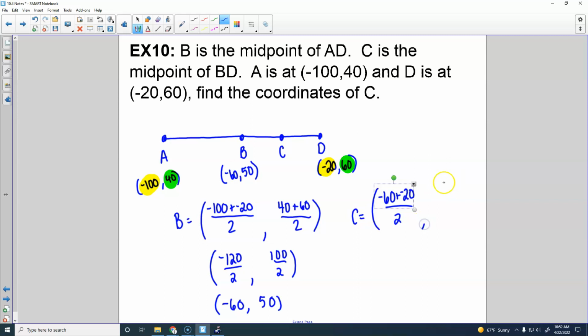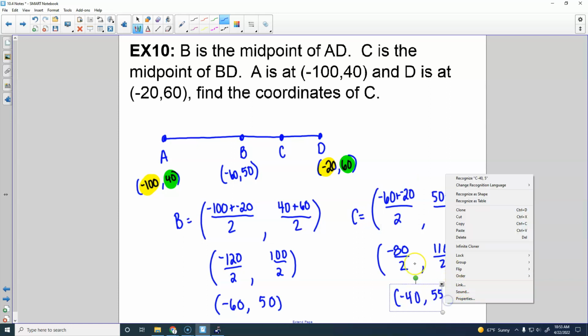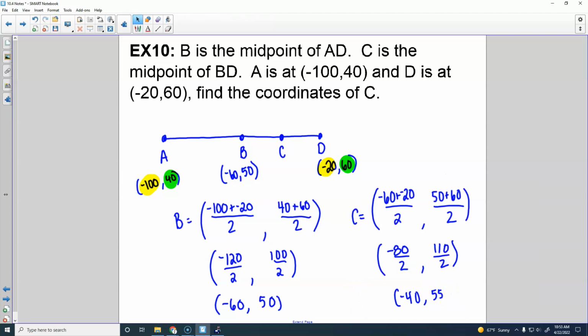Good. Also over 2. So that'll be -80 over 2. 110 over 2. So we'll get -40 and 55. And that is our C. And that's your answer because they were asking for C for this one.